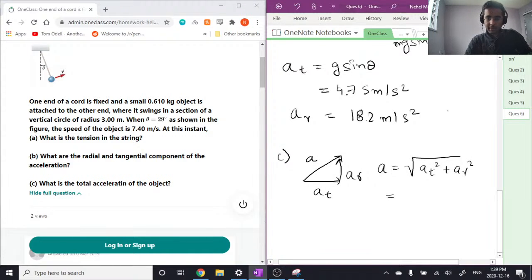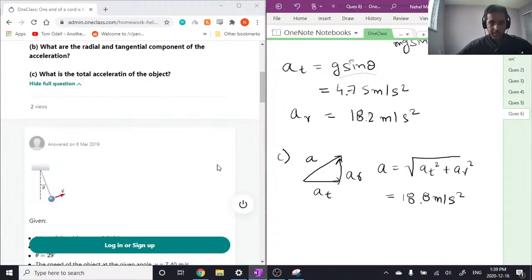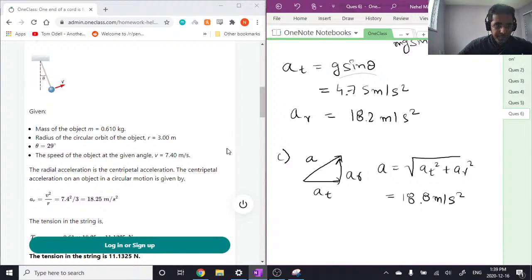If we calculate for this, we get 4.75 squared plus 18.2 squared, and the square root of that value is 18.8 meters per second squared. Okay, so that should be the answer in this case.